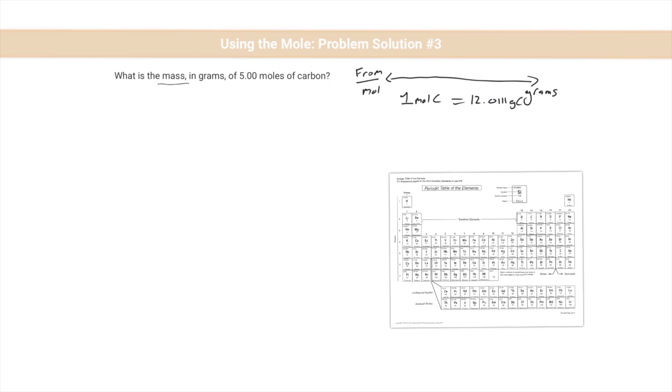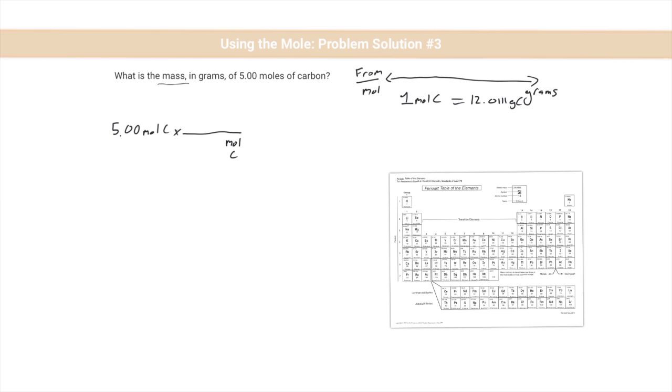Now, we do our conversion. 5.00 moles carbon times our conversion factor. We know moles of carbon must go on the bottom so that the units cancel out.